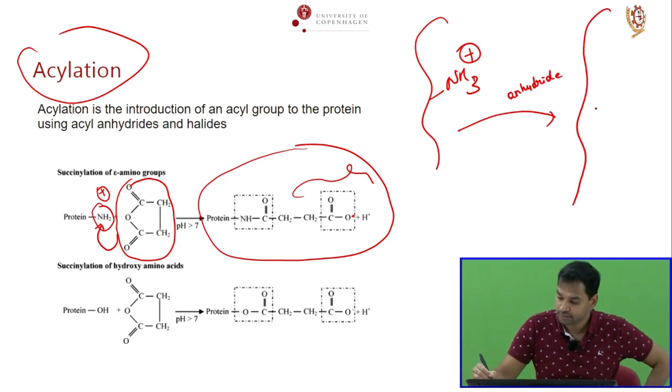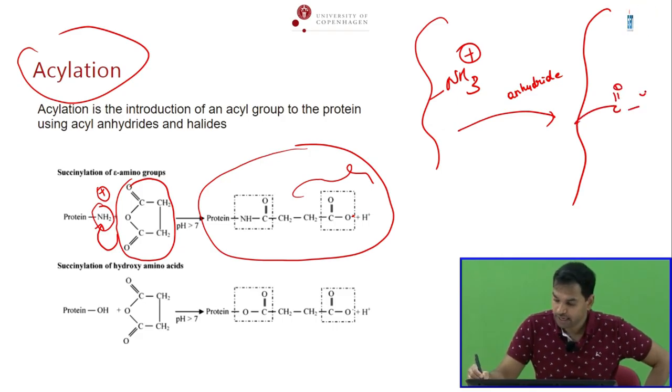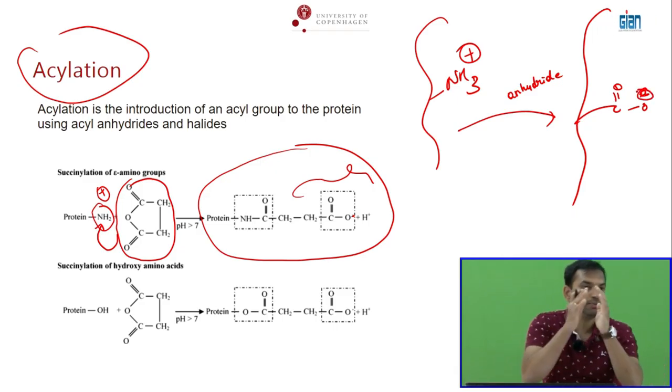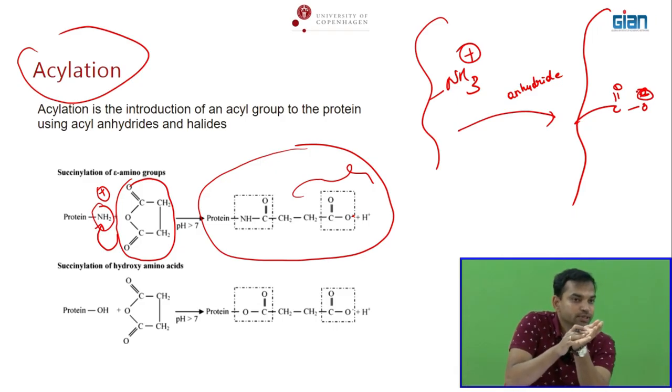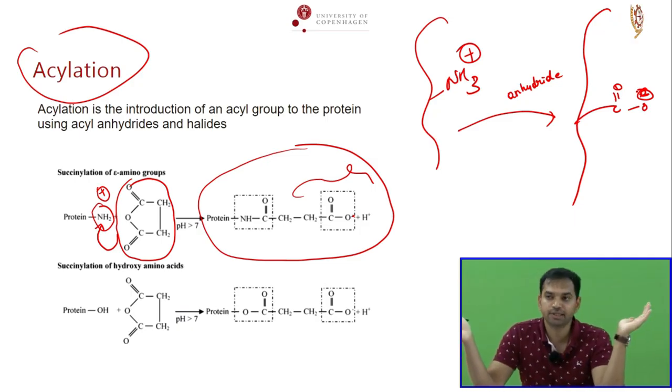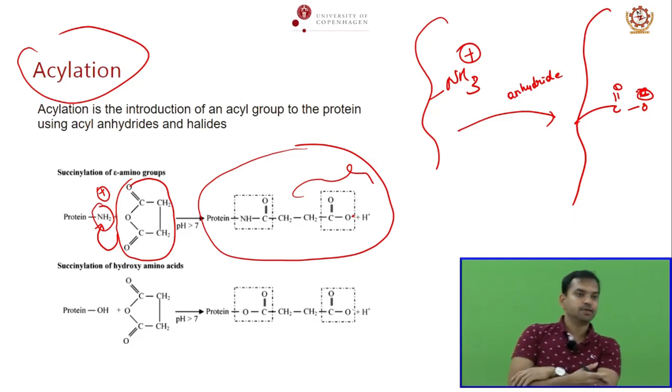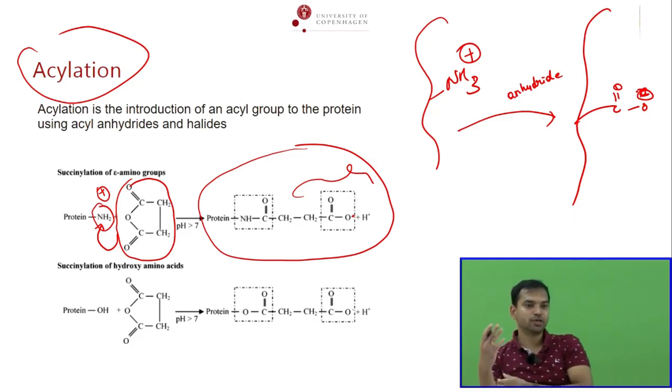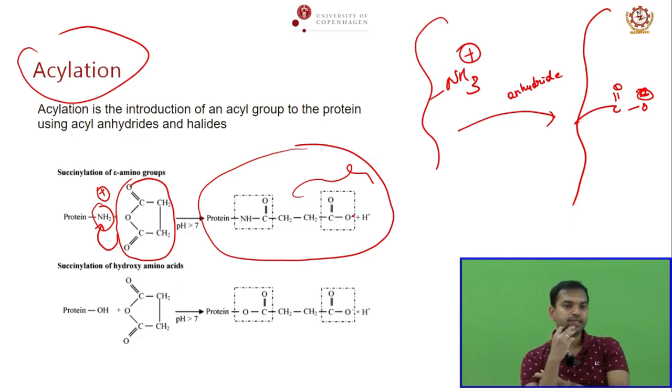Then you get a group with a negative charge. Can you see? Now we convert a positively charged protein into a negatively charged protein, a complete modification of the protein, and that will change the surface properties, that will change the structure, that will modify the protein.